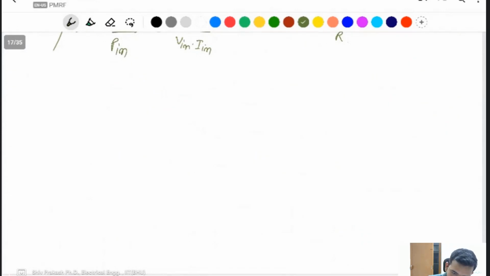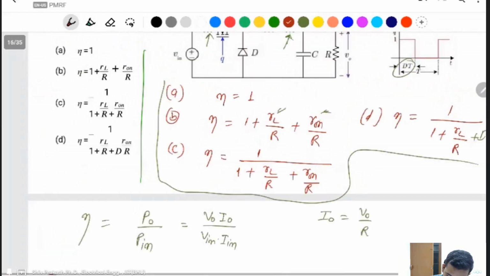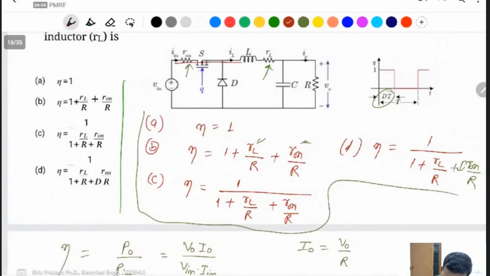What happens if the switch is on? Buck converter and switch is on, the circuit is like shown like that.